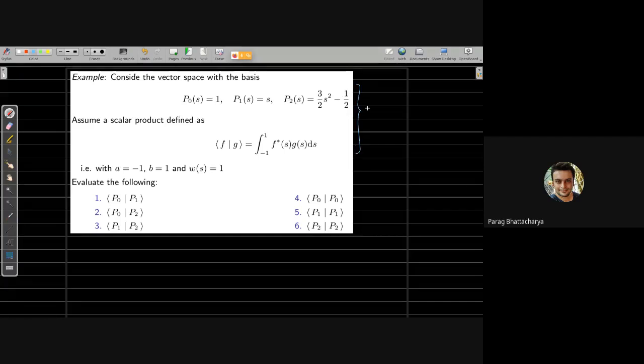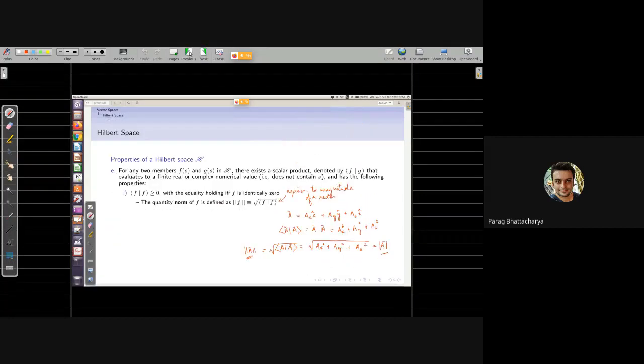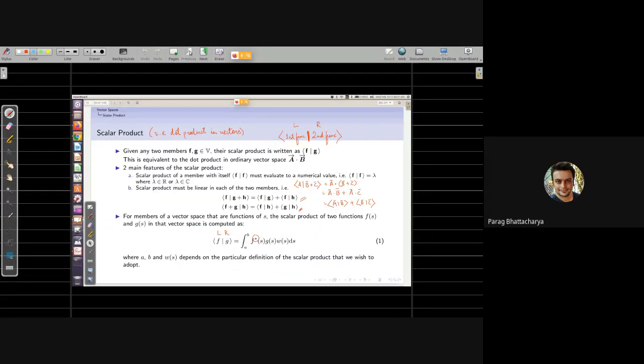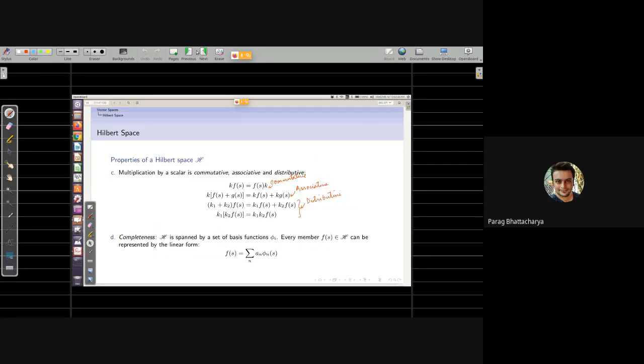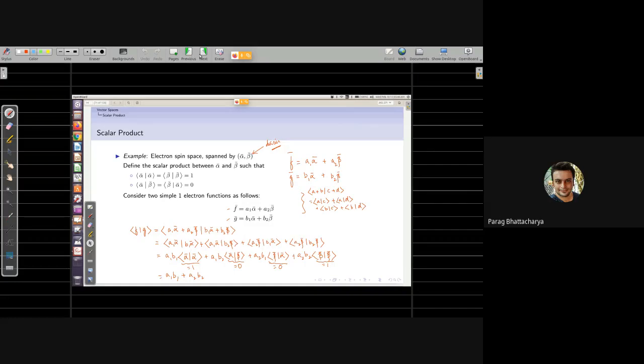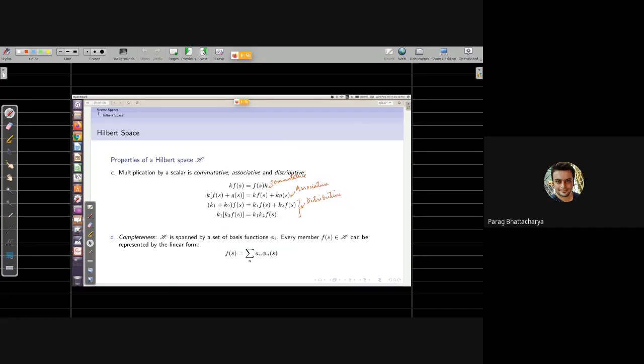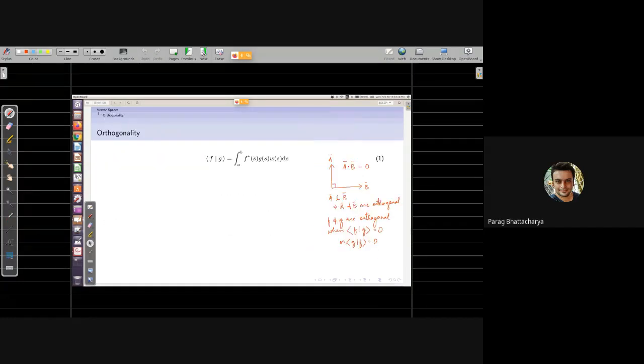Yes, this is a Hilbert space. For a Hilbert space, we need a vector space spanned by a basis, and we need a scalar product.